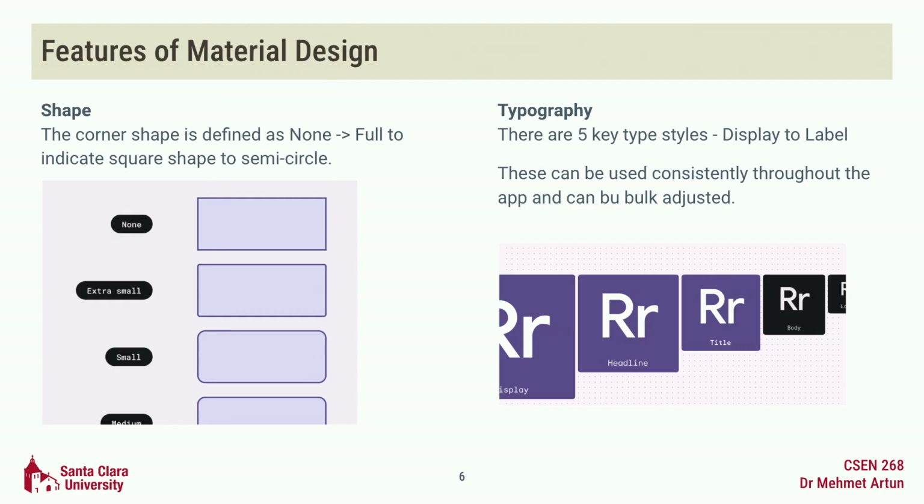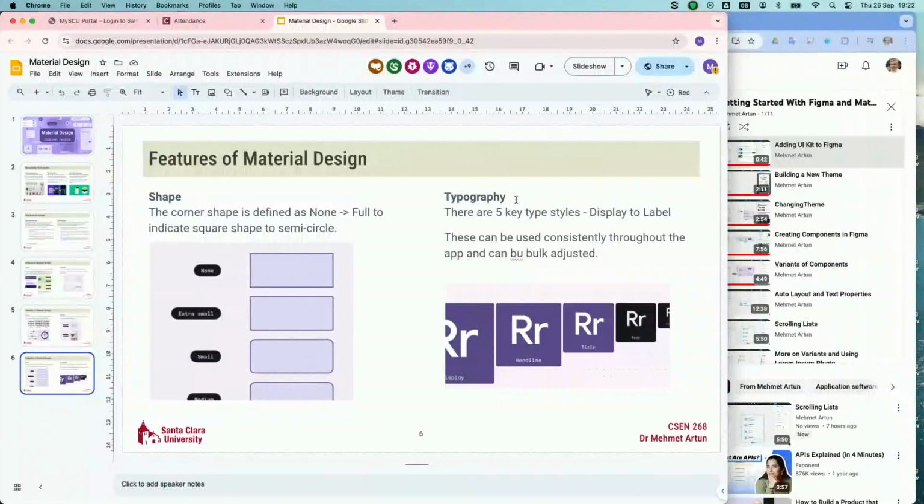The body would be the credits of the song, and label would be used for input boxes, little text, etc. So these are your 5 main text sizes that Material gives you. And I think this is the general outline of the material design. Any questions on this?